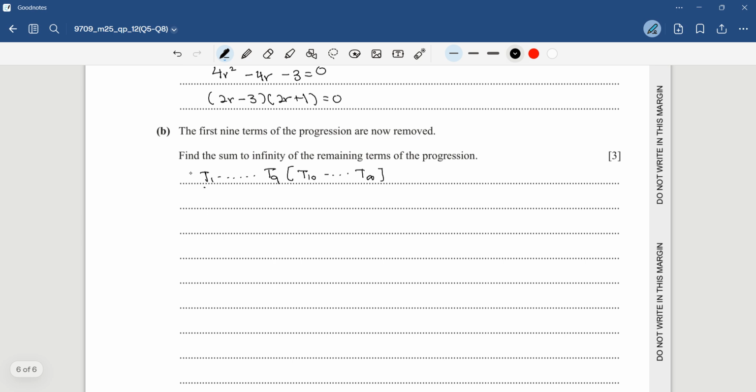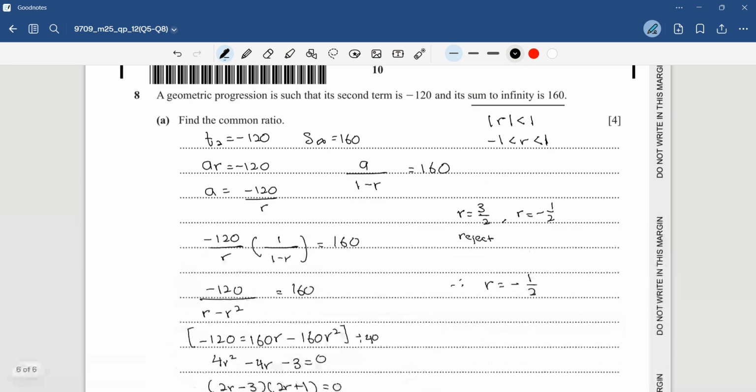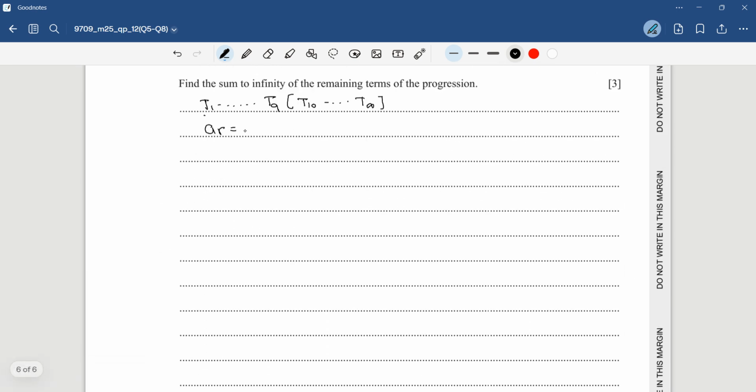So for that, it's going to be ar is equivalent to negative 120. So my r, sorry, is equal to negative 1 over 2, as we found earlier. So a equal to 240.